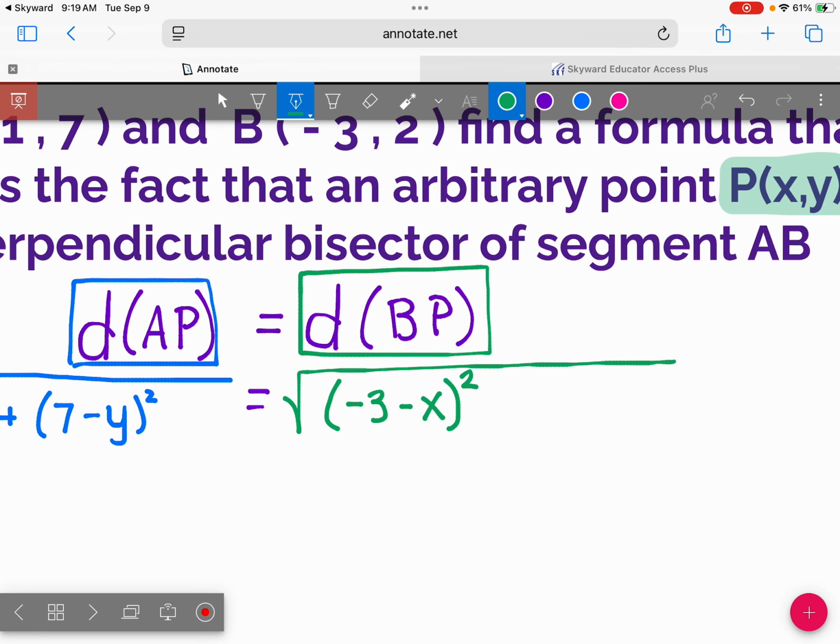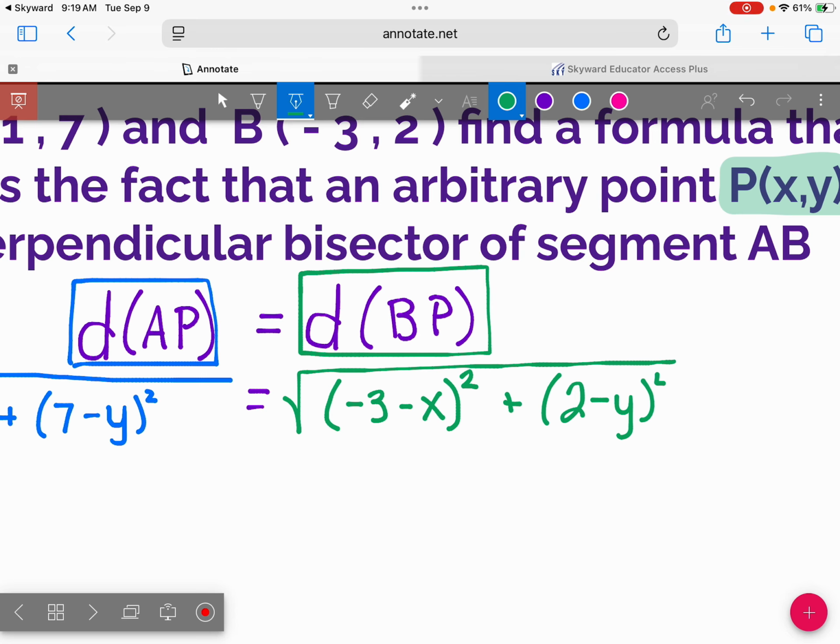And the same thing for our y's: 2 minus my y, squared. That's a plus. So if they don't give us an actual point and they want us to find it, or find a formula, we're going to have to set those two distances equal, because if P is on that perpendicular bisector, it's going to be an equal distance.